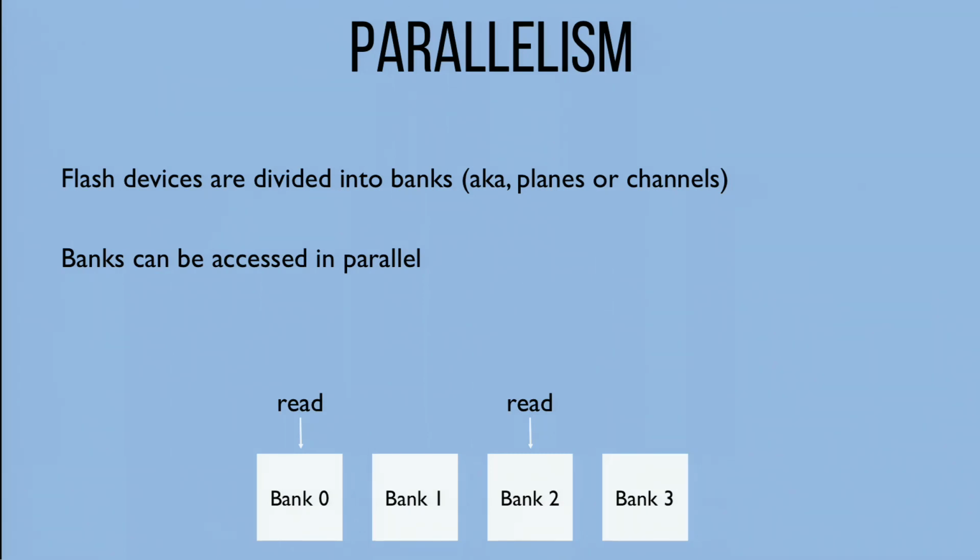I'm going to use each of those terms randomly, I think, throughout today. But you can, in parallel, access each of those banks. You could be doing a read at one bank, a write on the other bank. All of those operations can go on in parallel, as you're going to have some internal bus within the SSD that can handle the bandwidth that's needed to go to each of those individual banks. So that's our first level of parallelism here.